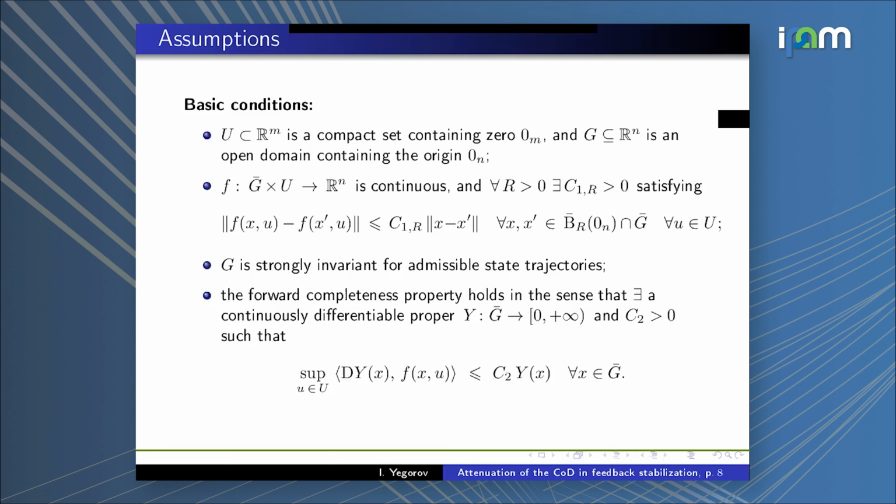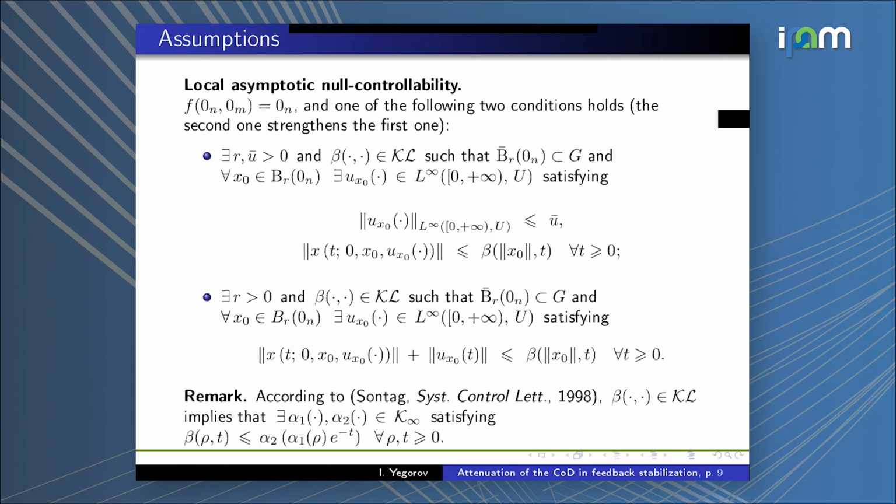Also, we want to exclude any solutions blowing up. So we impose a so-called forward completeness property. Also, our aim is to construct a global feedback stabilizer. But first, we have to ensure that there is a local stabilizer.